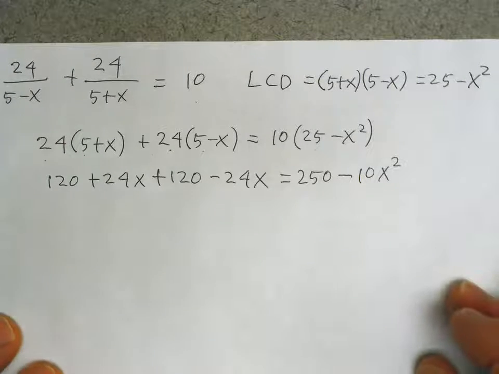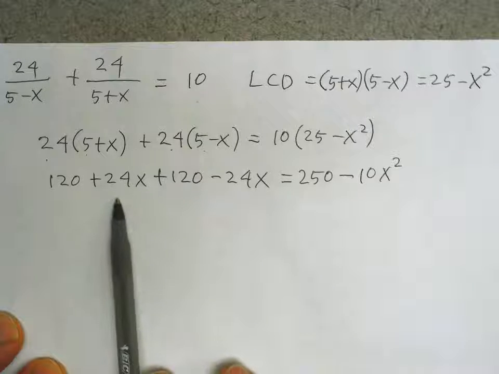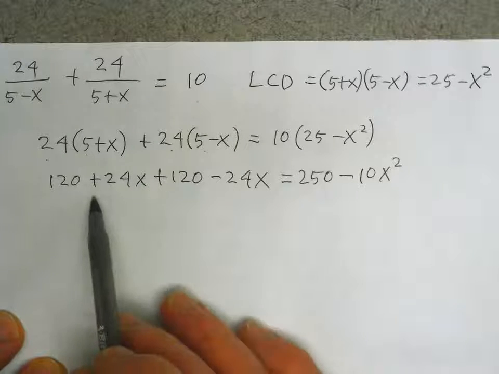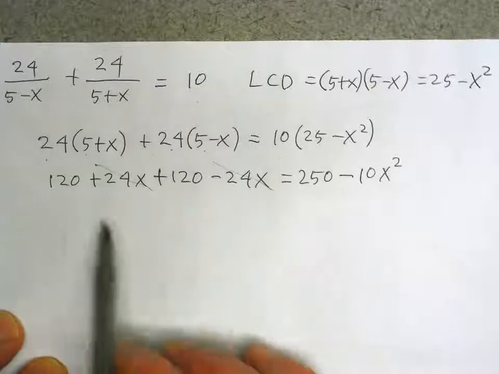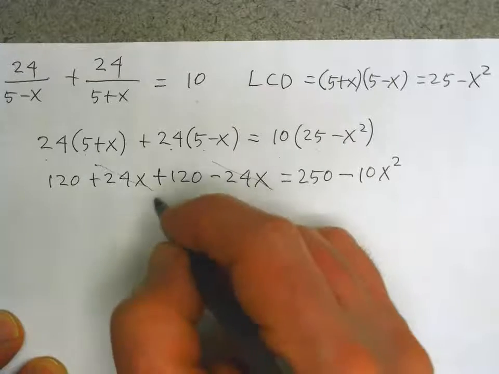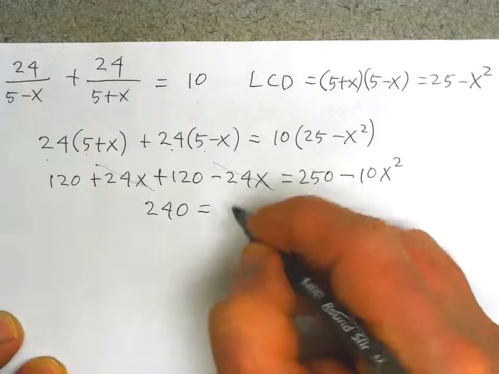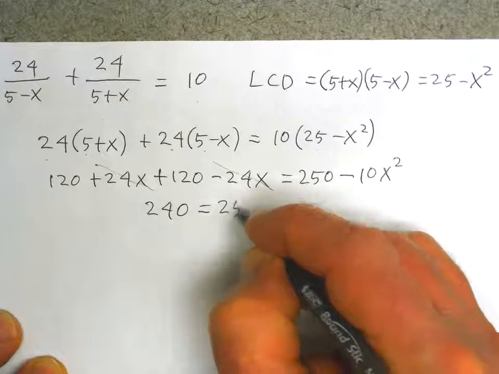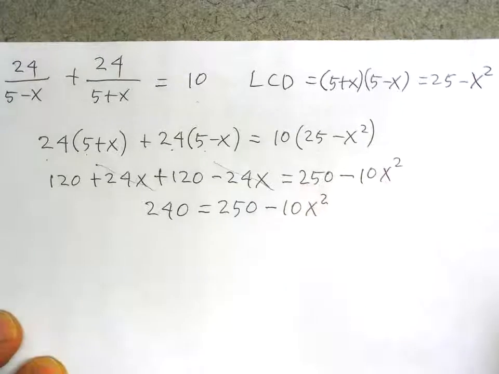Okay, this is just a quadratic equation. But notice on the left-hand side, the plus 24x minus 24x add up to 0. 120 plus 120 is 240. And so we get 240 equals 250 minus 10x squared.